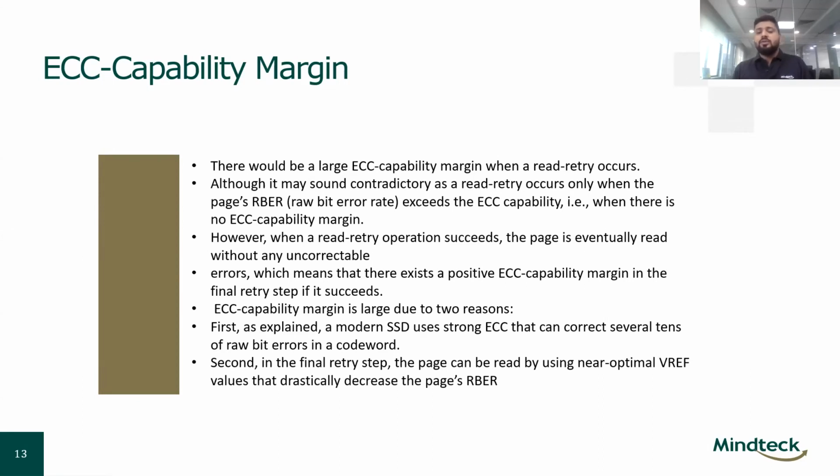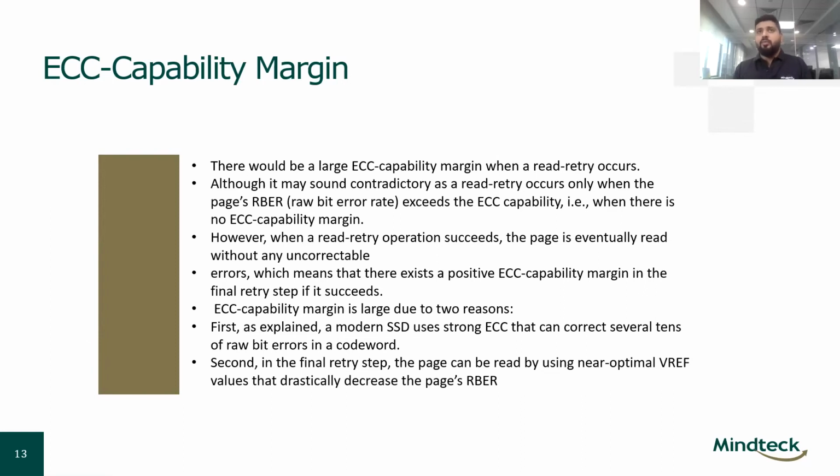So we know that the ECC capability margin is large, because the raw bit error rate in a codeword is directly dependent on the ECC capability margin, as explained in the second point. Second, the page can be read by using a near-optimal VREF value that drastically decreases the page raw bit errors. By using these two points, we easily concluded that the ECC capability margin is very large.